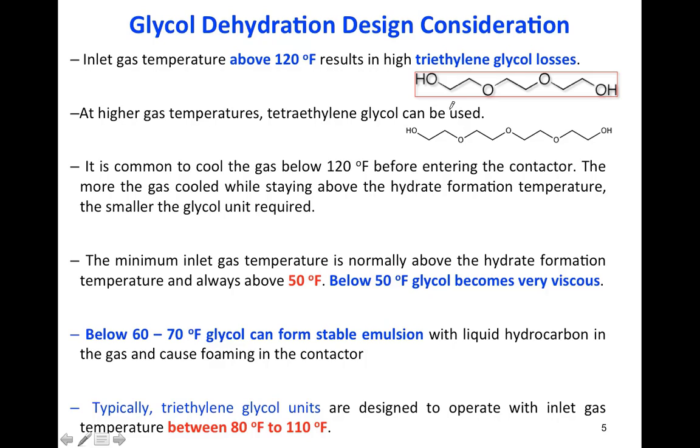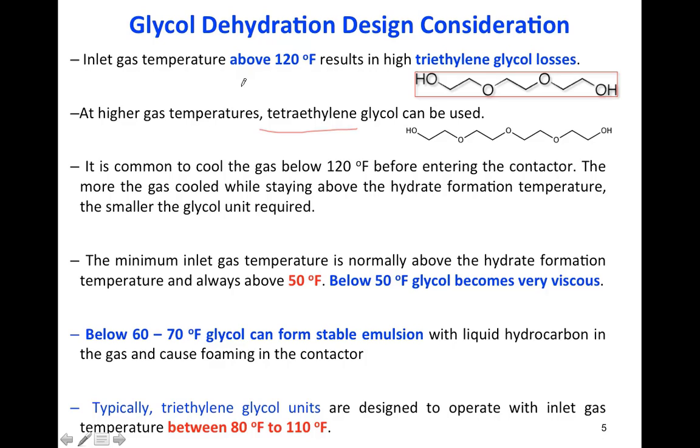I mean, the type of alcohol really depends on this oxygen group. Like we have triethylene glycol, which has this type of structure. We have tetraethylene glycol, which has this type of structure. Each of them has its own specification and properties, and using them really depends on the type of process we are dealing with.